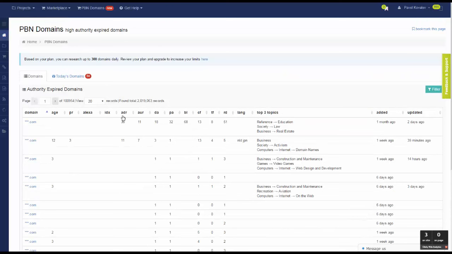Of course, the major metrics: Ahrefs domain rank, URL rank, Moz domain authority, page authority, number of backlinks, Majestic citation flow, trust flow, referring domains, and topical relevancy from Majestic.